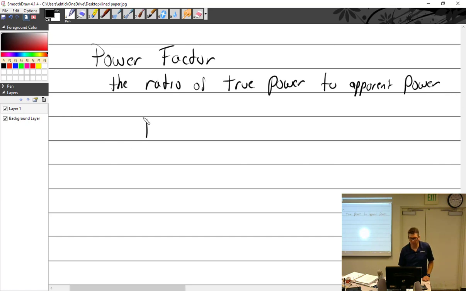So it is PF, power factor, equals true power over apparent power.